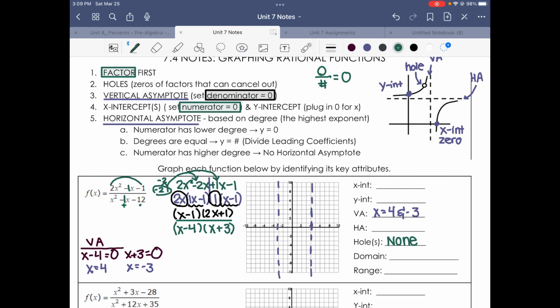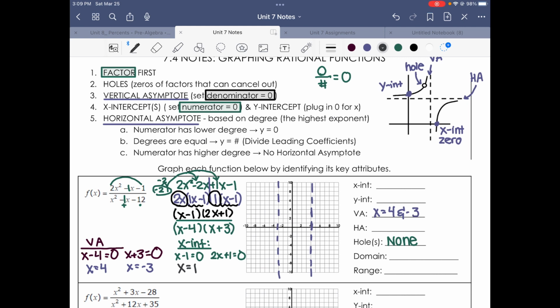So for x-intercept, the top part is x minus 1 and 2x plus 1. For x minus 1 equals 0, you would add the 1 to the other side, and x would equal 1.